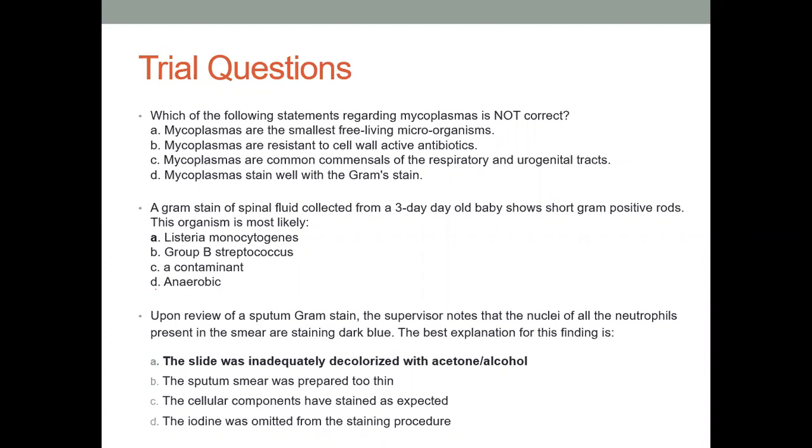They stain gram negative by default because they don't have a cell wall, and therefore automatically they have to stain gram negative. So you can't say that mycoplasmas stain well with a gram stain. It doesn't stain well as such. I hope that point is clear. So as far as this question is concerned, your best answer will be D.